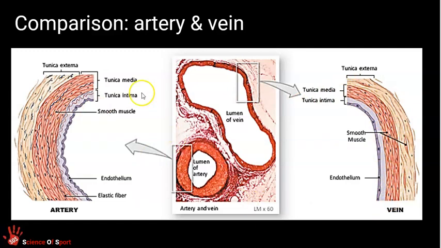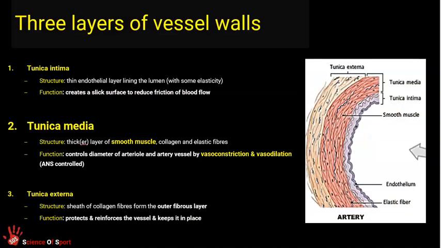Okay, so those three layers, the tunica externa, the tunica media, and the tunica intima, are the three layers of any blood vessel. Some vessels, as I said, have more or less of those layers, and we're going to look at that shortly. Just giving you a little bit more detail about them.